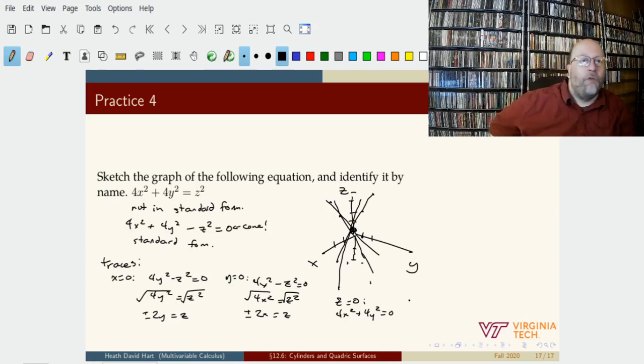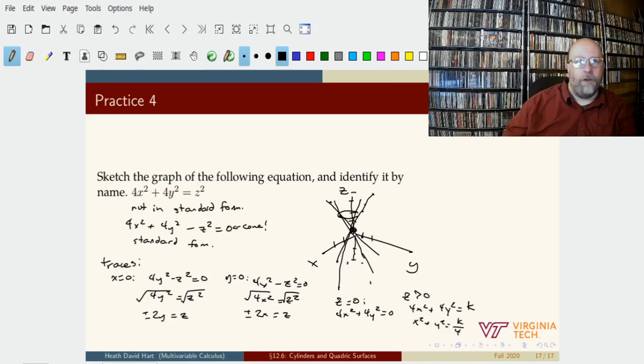But when z is not equal to 0, we get 4x squared plus 4y squared equals some constant now, some positive number, and then x squared plus y squared is equal to that number over 4, and so it will be a circle whose radius is the square root of this number.